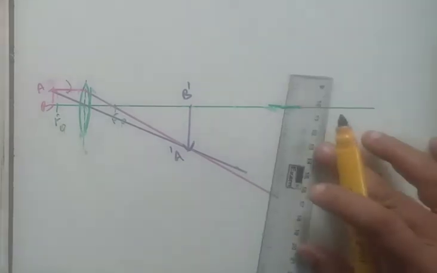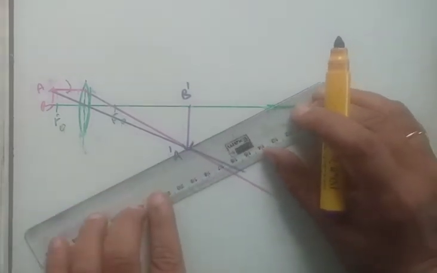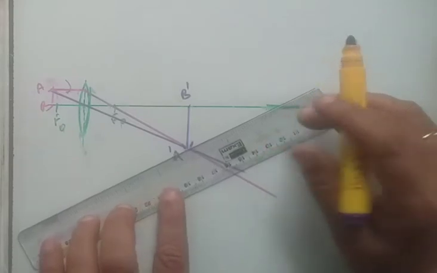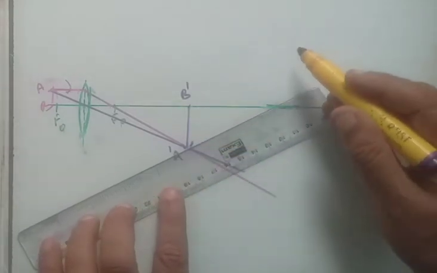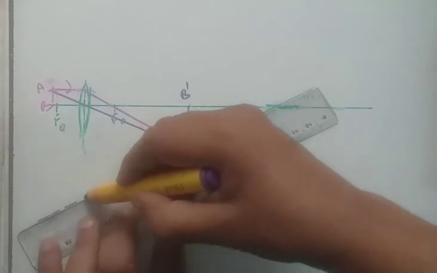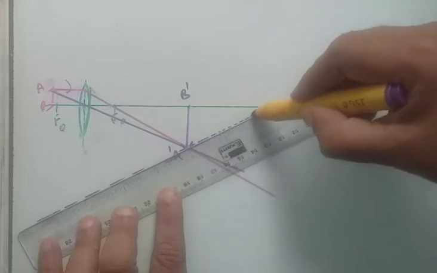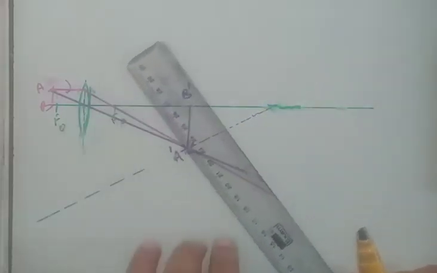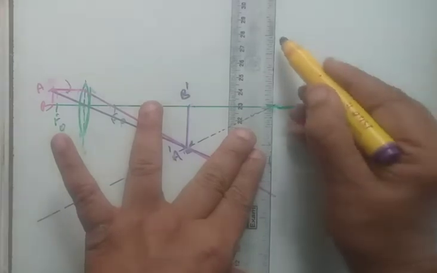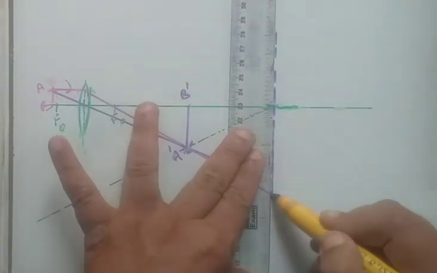Now say we want to write the second lens. For that I draw a line like this. Observe, say this line passes through the tip of the object and touches the principal axis there, and I write down a lens position.